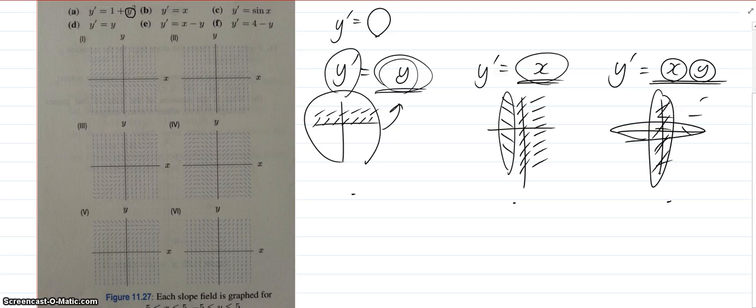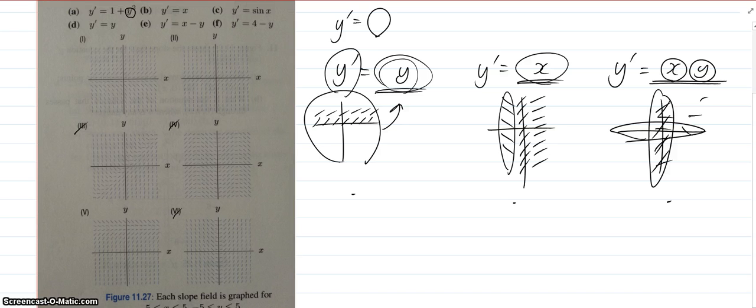So 1 can be an option, 2 can be, but 3, 4 cannot be the option, and 6 too. So we can eliminate 3, 4, and 6. And then what we have to do now is just plug in values and see.